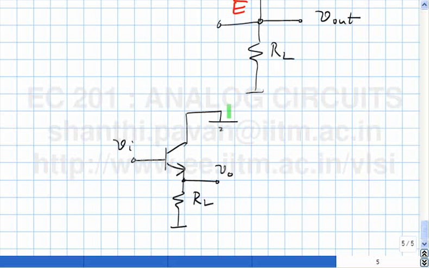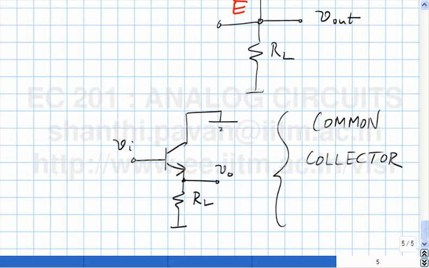What do we see here? The collector is common to both the input circuit and the output circuit. So this incremental picture is that corresponding to what is called the common collector amplifier.